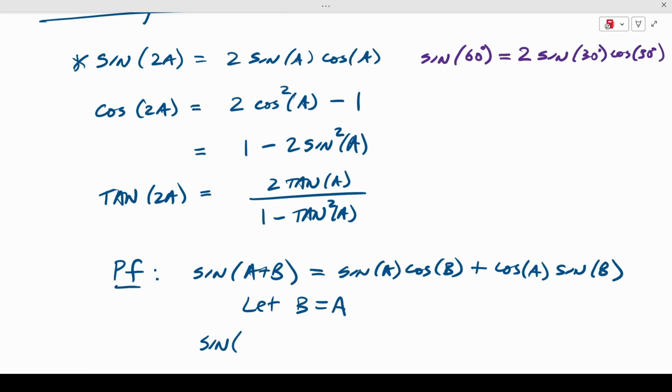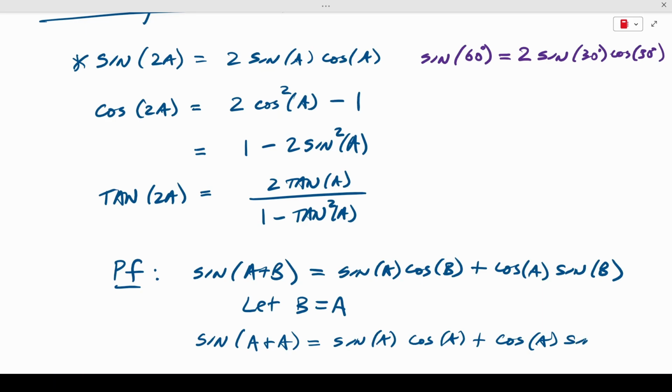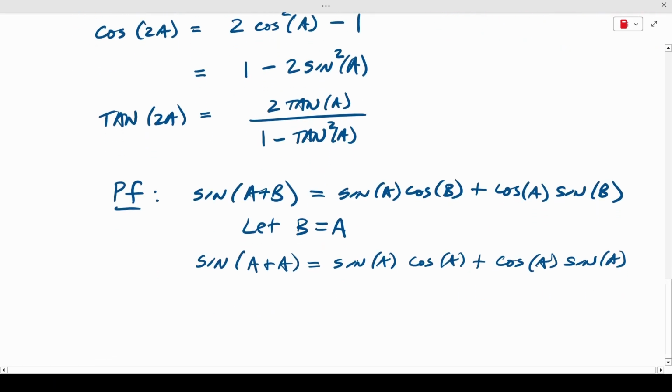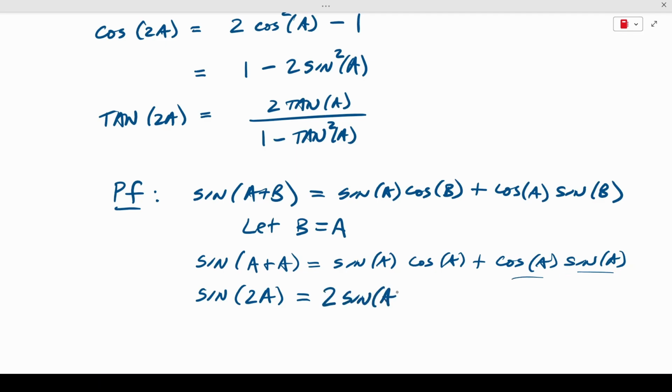sine of A plus A equals. So if we let B equal A, then we get sine of A plus A is sine of A cosine of A plus cosine of A sine of A. So in other words, sine of 2A is sine A times cos A plus another sine A times cos A. So that's two groups of sine A times cos A. And there we have it.